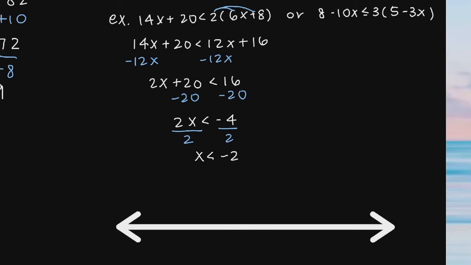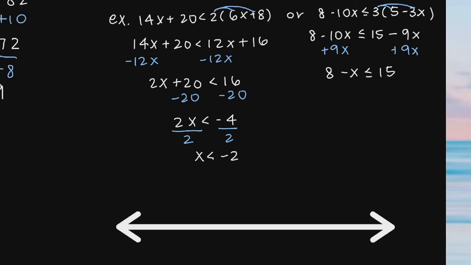And then for the right hand side, we're going to distribute 3. So 8 minus 10x is less than or equal to 15 minus 9x. And then again, move everything to one side. So we get 8 minus x is less than or equal to 15.